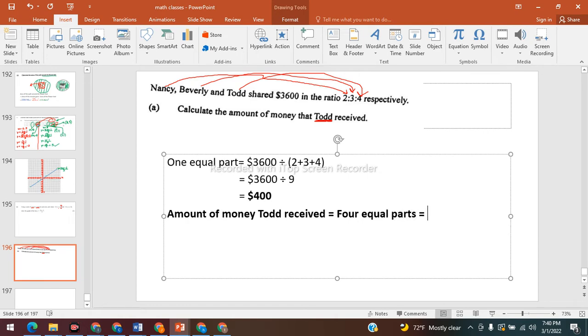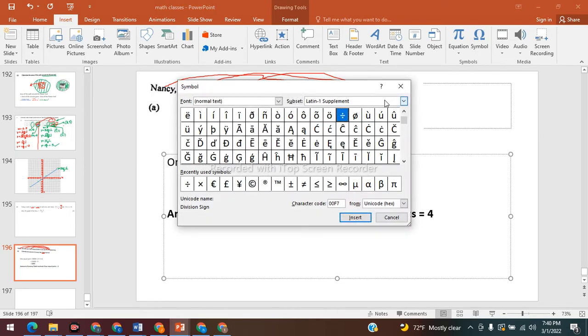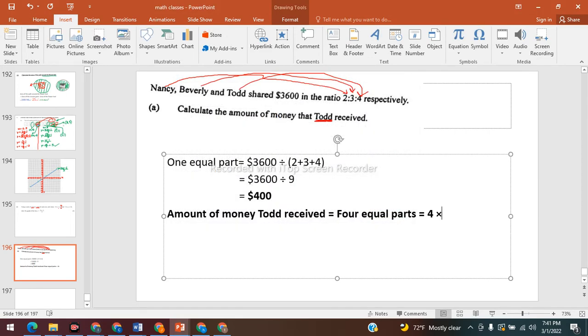And 4 equal parts is going to be equal to 4 times 1 equal part, which is 4 times what? 400. So the amount of money that he received is going to be 1,600, right?